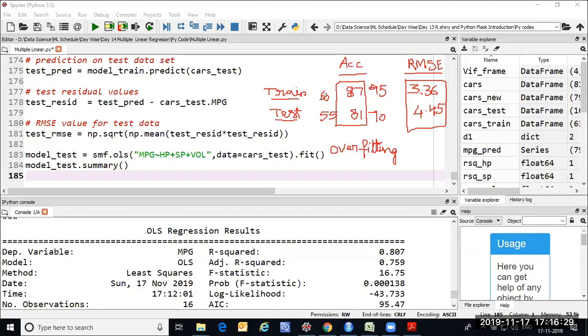Now, can you take this model for further analysis? No? Why? Exactly. So there is still a lot of scope for you to improve the model's performance on the training itself, right? And this problem is called underfitting.